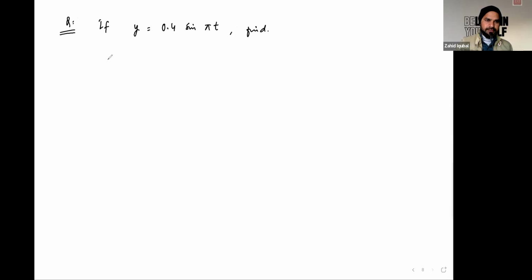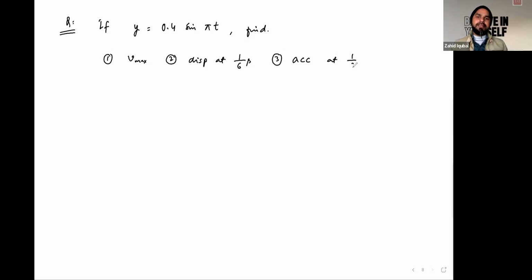Find first maximum velocity, second displacement at 1/6 of a second, third acceleration at 1/6 of a second.